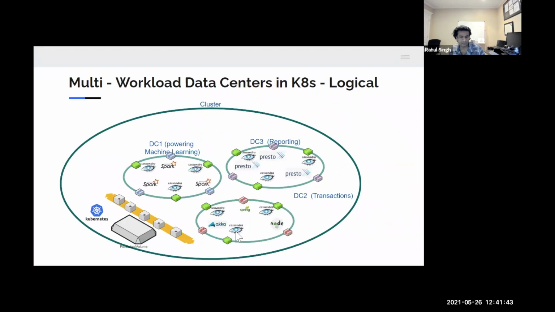Right? You can have Akka getting messages off of a Kafka queue, storing the data here. Spark streaming is analyzing, aggregating the data, putting it into other tables. That the data gets replicated here. And then Presto can be used to do the reports in real time.